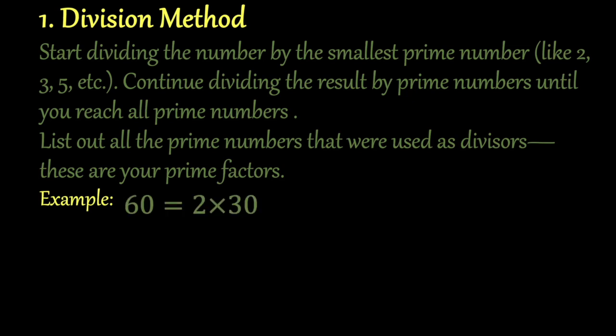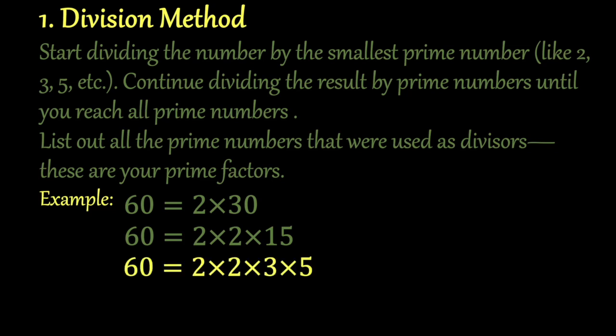Example: 60. 60 is a composite number which can be divided by 2, giving 2 times 30. Again, 30 can be divided into 2 times 15. Again, 15 can be divided into 3 times 5.